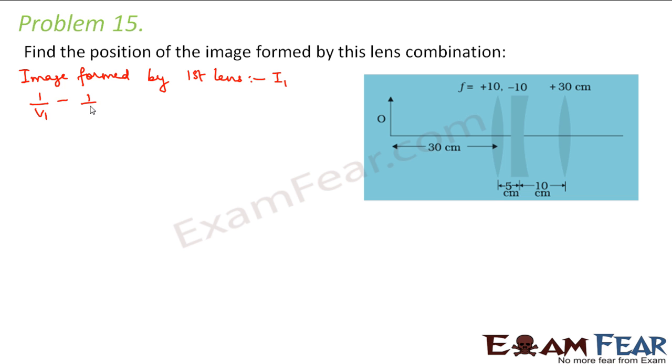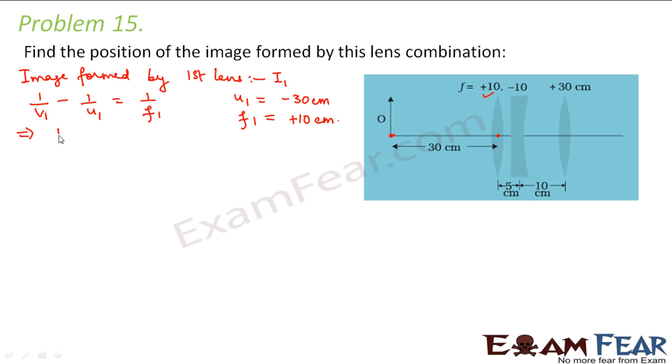Let us suppose that the image formed by the first lens is I1. Applying the thin lens formula, 1 by V1 minus 1 by U1 is equal to 1 by F1. In this case, U1 is equal to minus 30 centimeters because the object is located at a distance of 30 centimeters from the first lens. The focal length of the first lens is given as plus 10 centimeters.